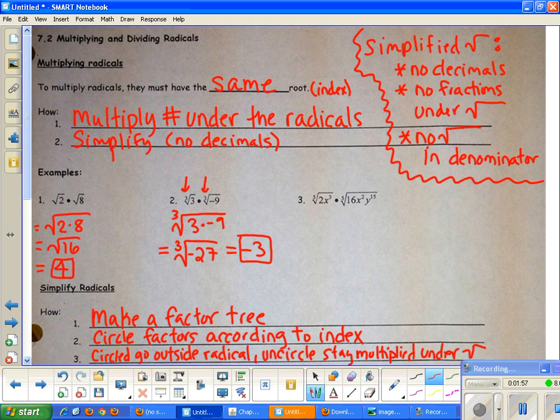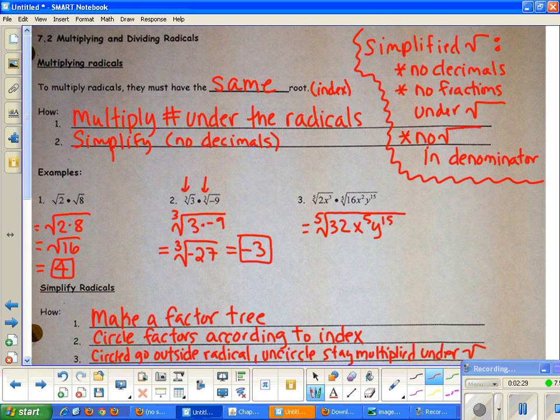So for number 3, if we look at this problem, we have the fifth root times the fifth root of something. Since the index is the same, we can go ahead and multiply them together. So I'm going to multiply what's underneath all together. So we get 16 times 2, which is 32, x to the fifth, y to the 15, and remember this is the fifth root. So now I'm looking for groups of 5 because that's my index.